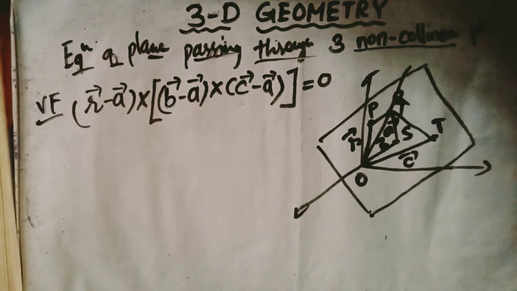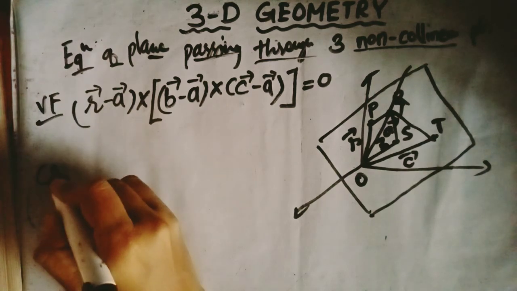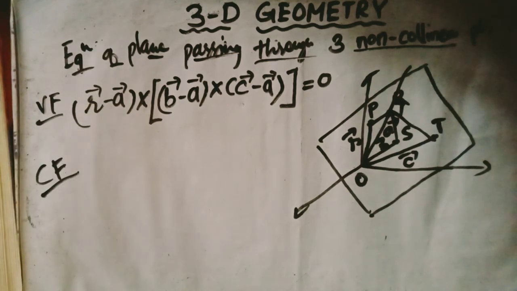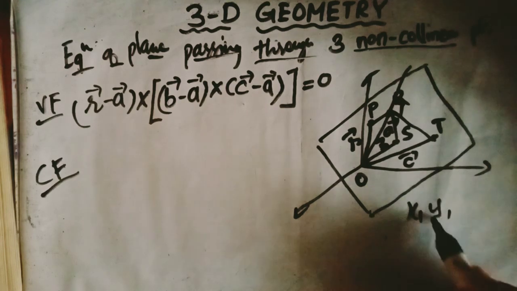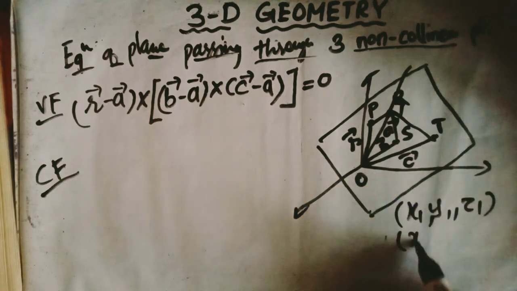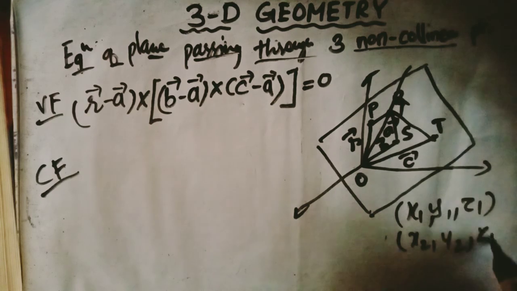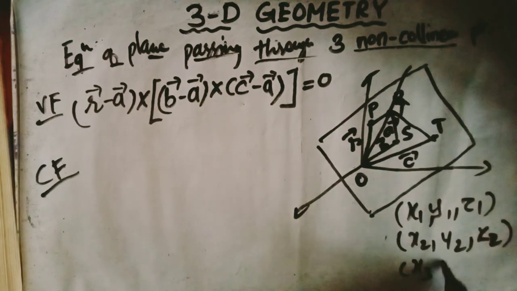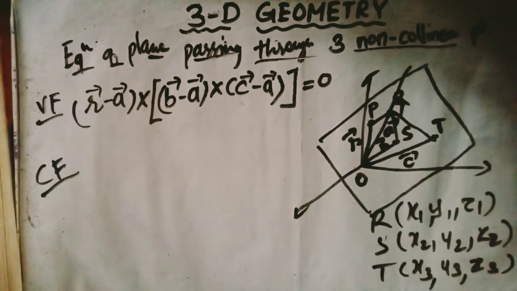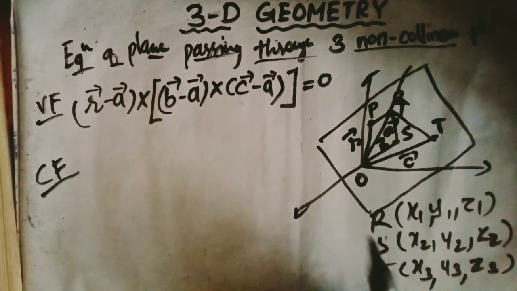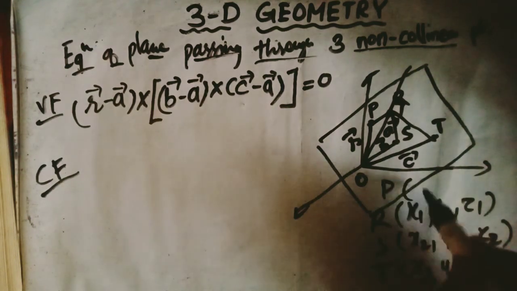Then there is the Cartesian form. For the Cartesian form, the points you have to take are (x1, y1, z1), then (x2, y2, z2), and (x3, y3, z3), R, S, T. And the point P with position vector r is (x, y, z).